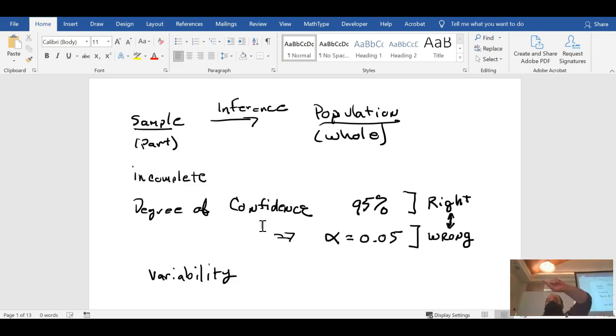It's possible, right? If it's a simple random sample, it is possible. Is it likely? No. But it is possible because every subset of 20 has an equal probability of being chosen. So it's possible that I could grab the 20 tallest students. It's also possible that I could grab the 20 smallest students.